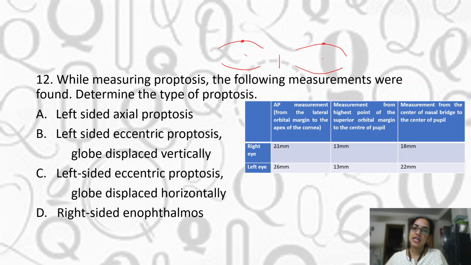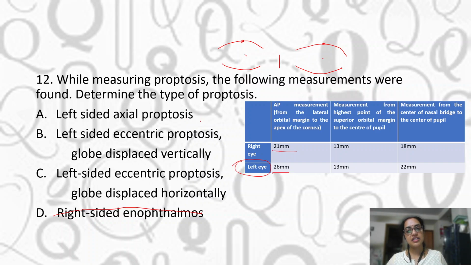And here they say in the right eye it is 21 mm and left it is 26. So obviously there is left-sided proptosis. So you can easily strike off the fourth option, which says right-sided enophthalmos, because 21 is still a good number. So there is obviously left-sided proptosis.